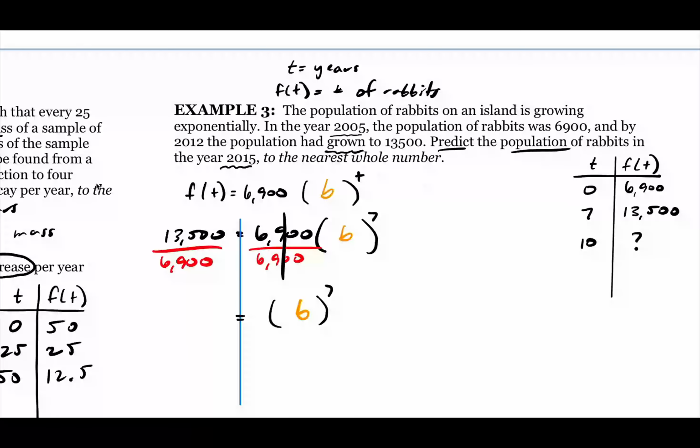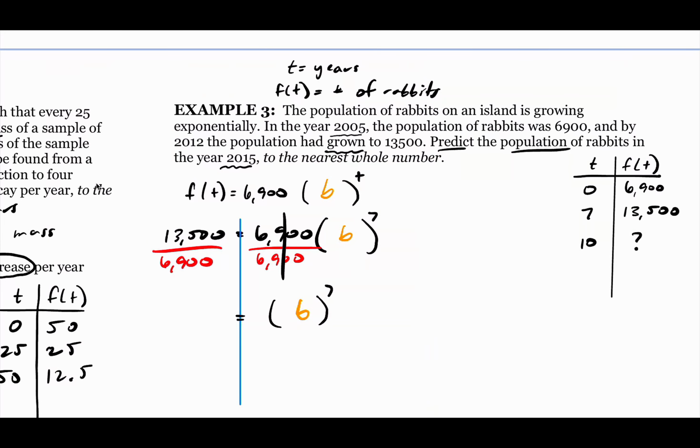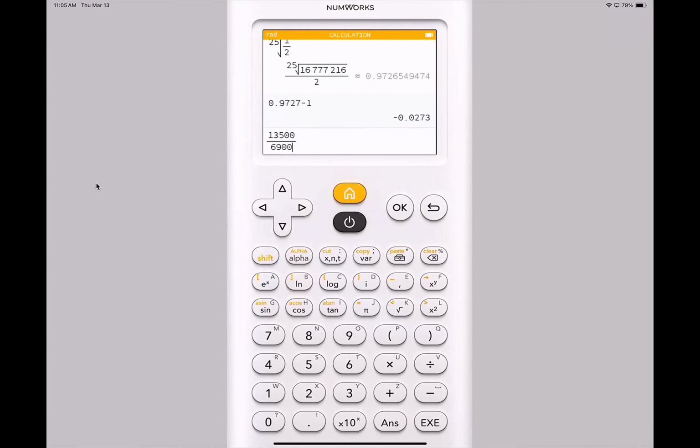So I'm going to go to my calculator: 13,500 divided by 6,900. It's a decimal, but you can see the decimal keeps going. 1.95956252217, and it keeps going and going. I don't want to use that. I'm going to use the fraction, 45 over 23.